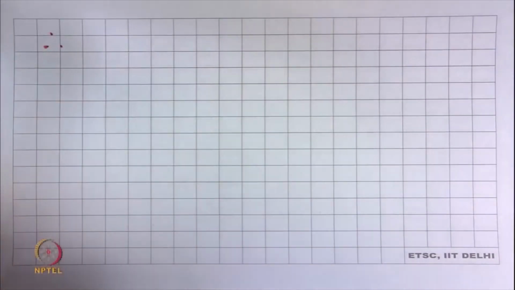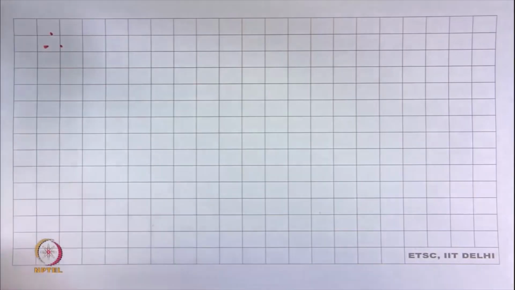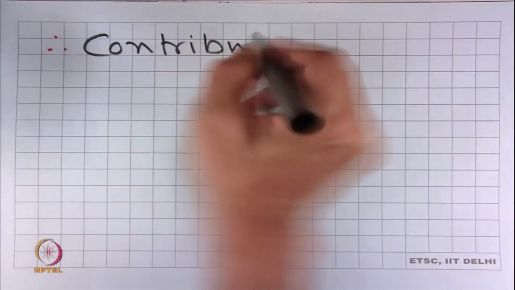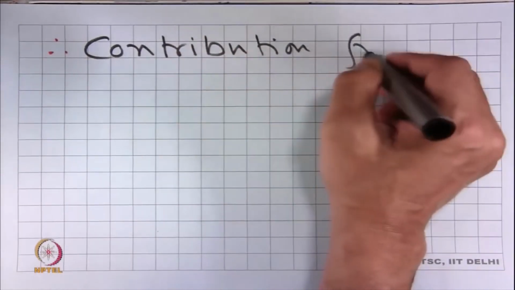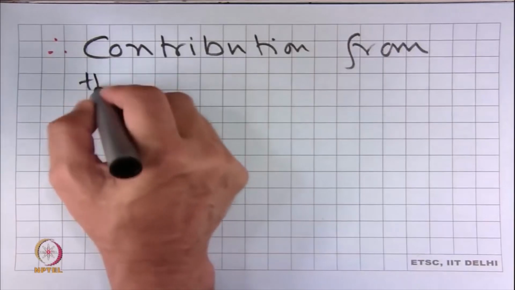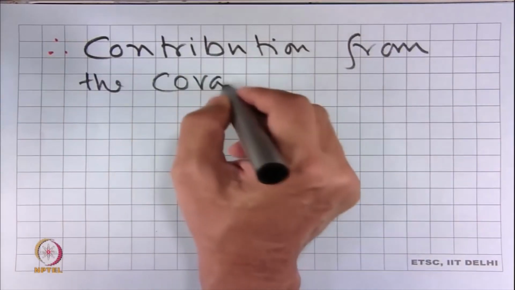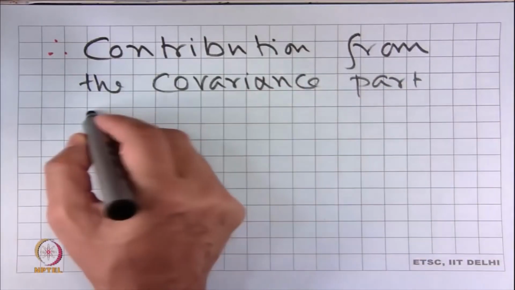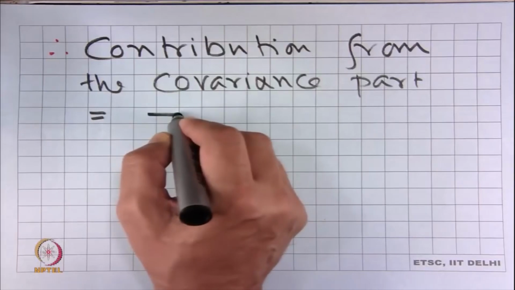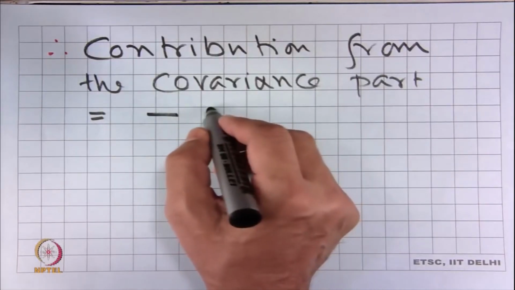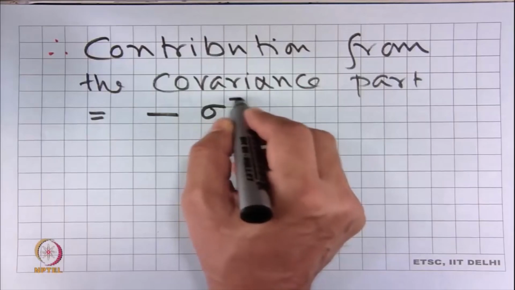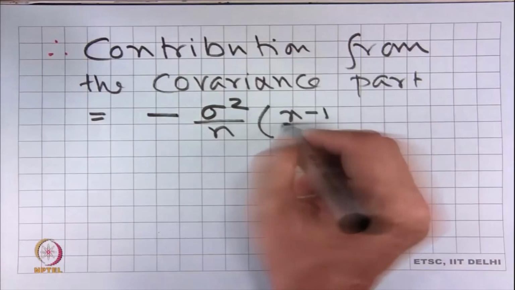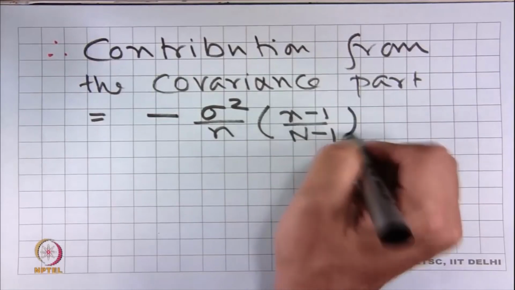Therefore, the second part, that is the covariance part, is equal to minus sigma square by n into n minus 1 upon n minus 1.